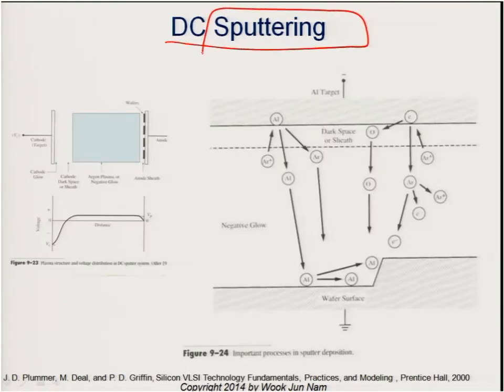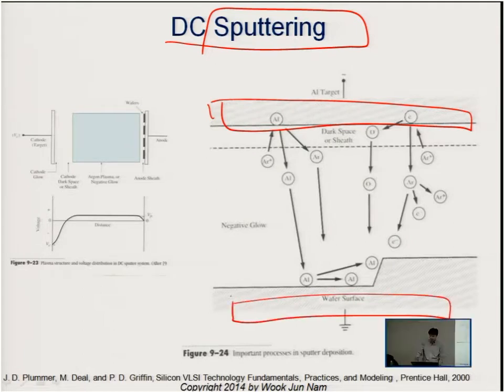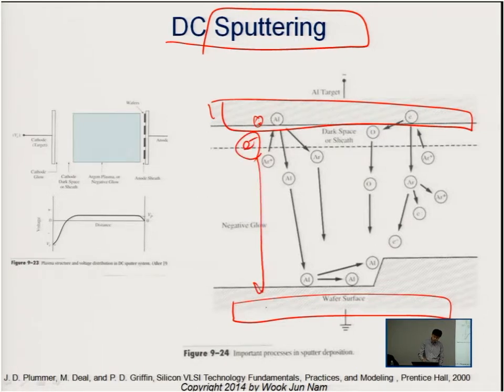Sputtering is another way of physical vapor deposition. The basic setup is that you have two electrodes facing each other. When you apply a bias, electrons move from one electrode to another.